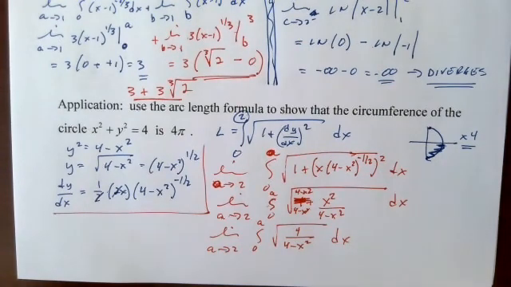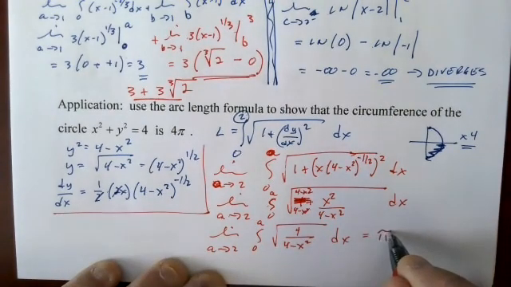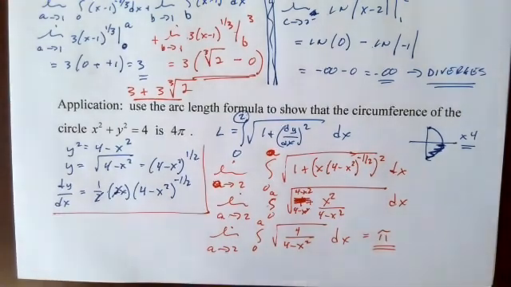Nope, can't do that. I can get 2 out on top. Anyway, I put that in the calculator, I get pi. I won't do this one in class. It's a bad problem. All right, hope that's enough to keep you busy. Good luck.